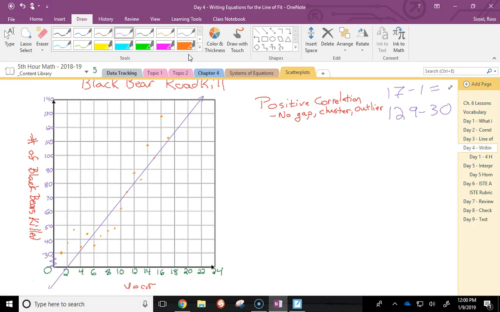So I should have something similar to this. Maybe your line's just a little bit different. I'm going to fix one just a little, just because I'm kind of being picky.